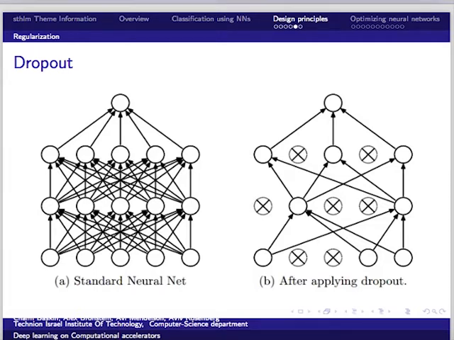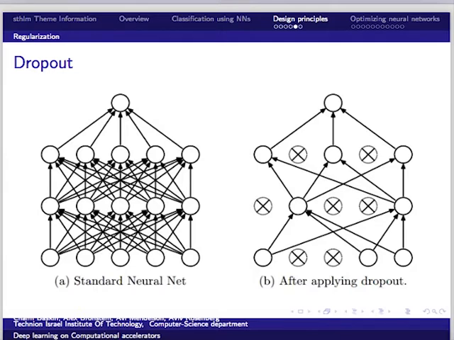You can see it's our standard neural network. We have two hidden layers, fully connected layers, where each layer is connected to all neurons of the previous layer. In dropout we turn off some of the connections.